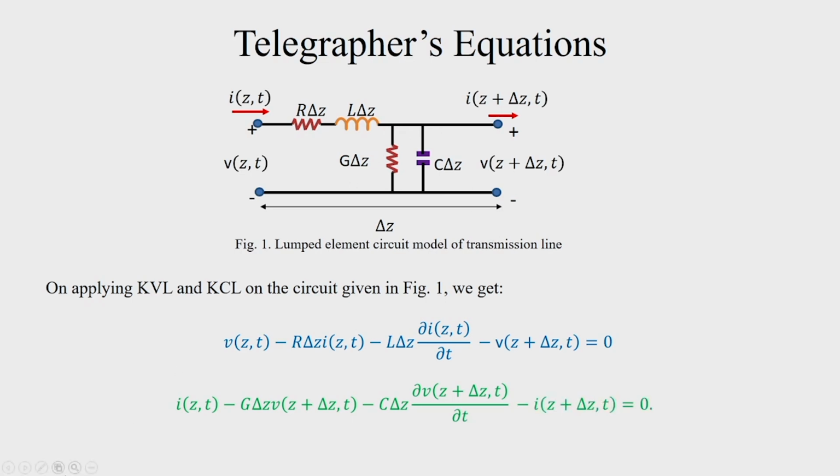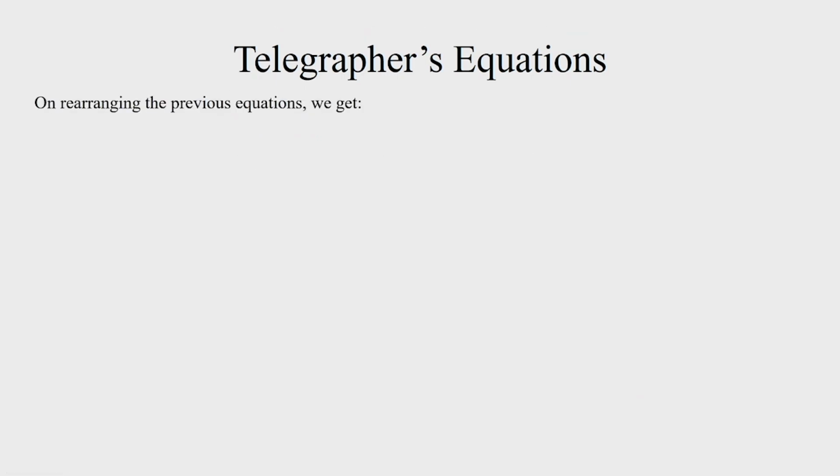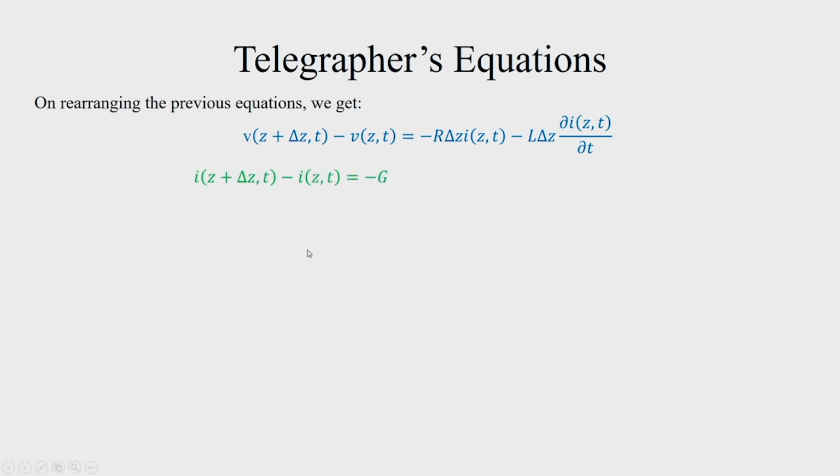Please note that both the equations we get after the application of KVL and KCL represent voltage and currents which are both functions of distance z and time t. If we rearrange the previous equations, we get this, and similarly for the current equation.